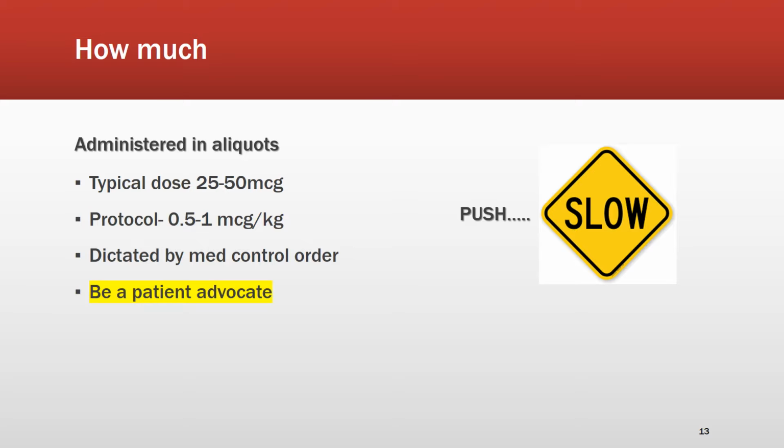So sometimes, in my experience, they'll try to give you a lower dose than what you're looking for. So be a patient advocate and try to get an appropriate dose that's going to manage the pain, and always get follow-up doses and how often, and get that established while you still have med control on the line.